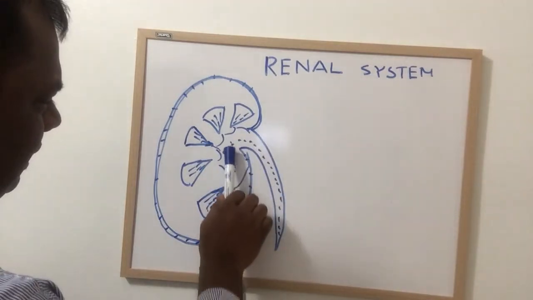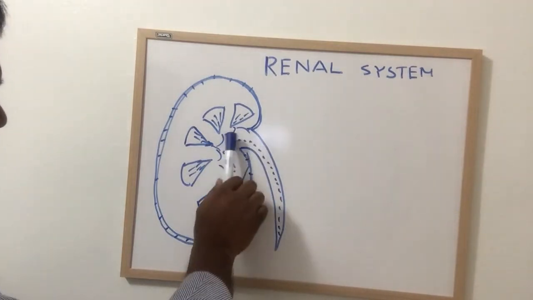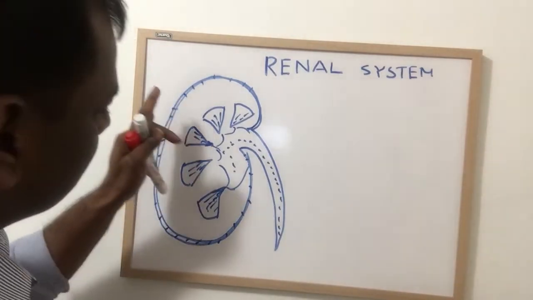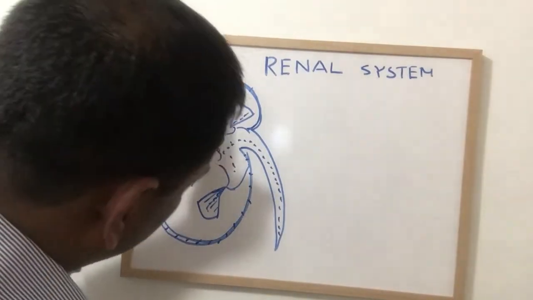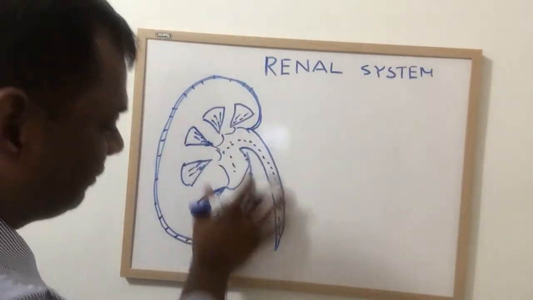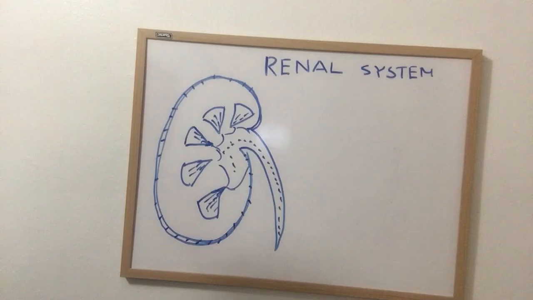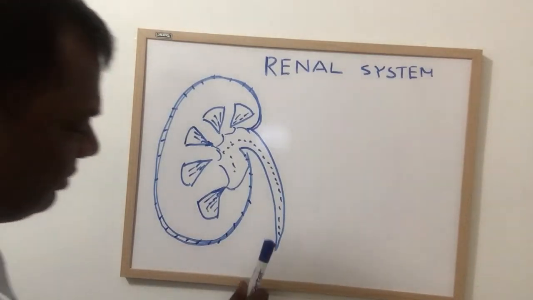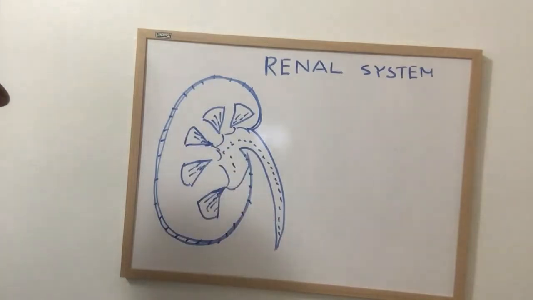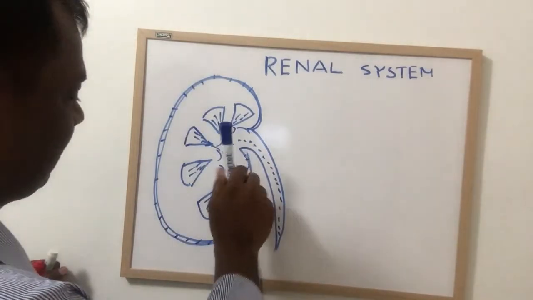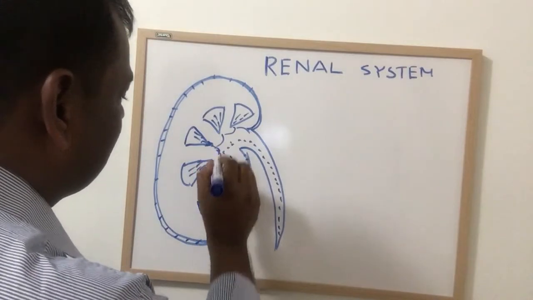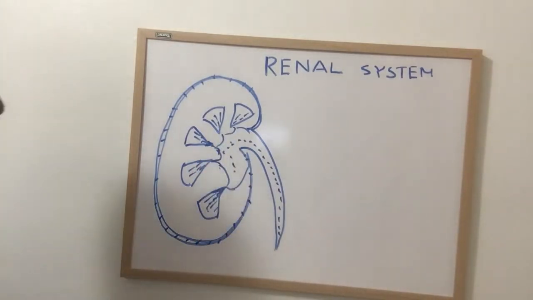If any bacteria or foreign antigen are in these areas, the urine flowing down can wash them out. It's good. Sometimes bacteria can ascend and enter the pelvis area, and that's very bad. We call it pyelonephritis.